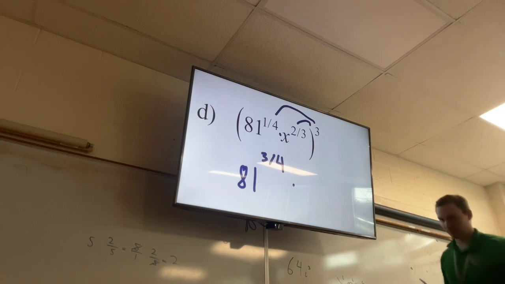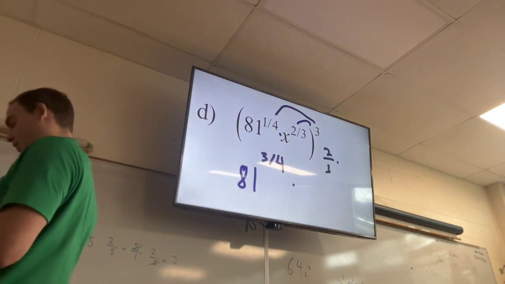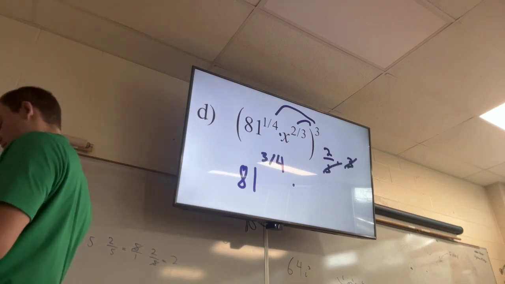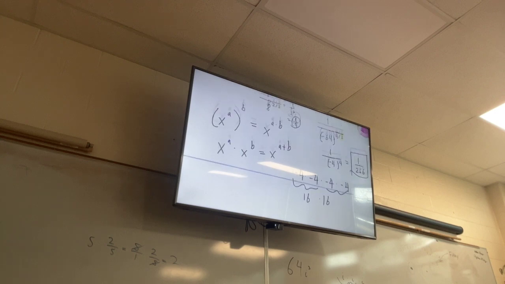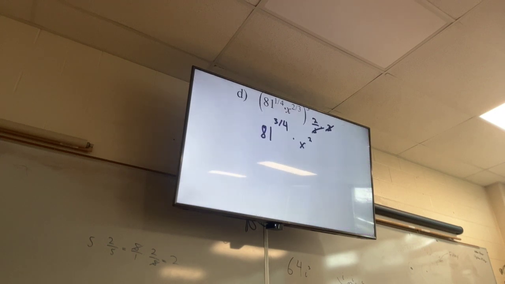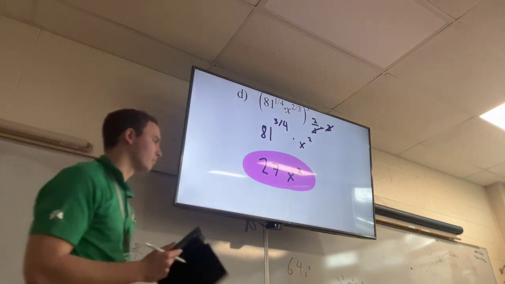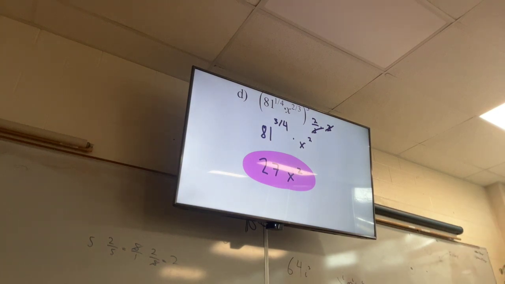Try again. 2/3 times 3, these just cancel. So x squared. And 81 to the 3/4, we did that up here, it ended up being 27, so I'm not going to go back over that. That's the answer.